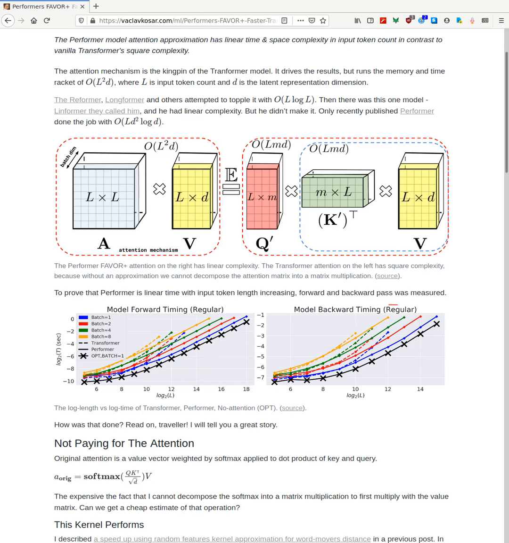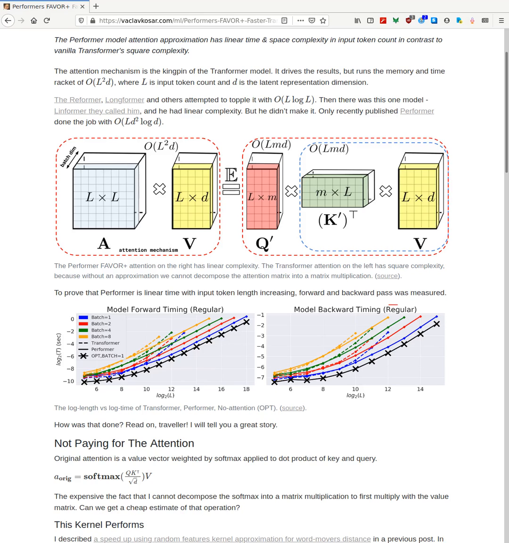And in the rest of the article, D is a latent representation dimension, so it's sort of the embeddings dimension.